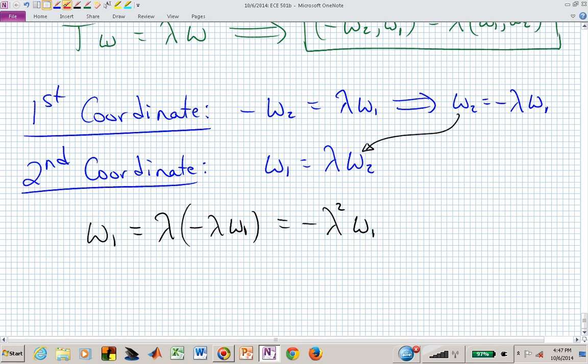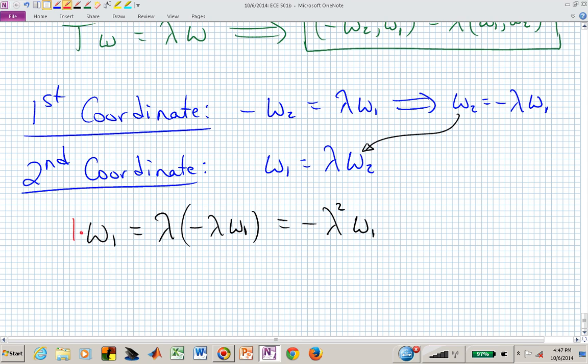Now maybe it's not clear what we have, but if I explicitly put something out there on the left, I have something times w1 is equal to minus lambda squared times w1, and that something is actually just 1. So I have w1 is equal to minus lambda squared w1.